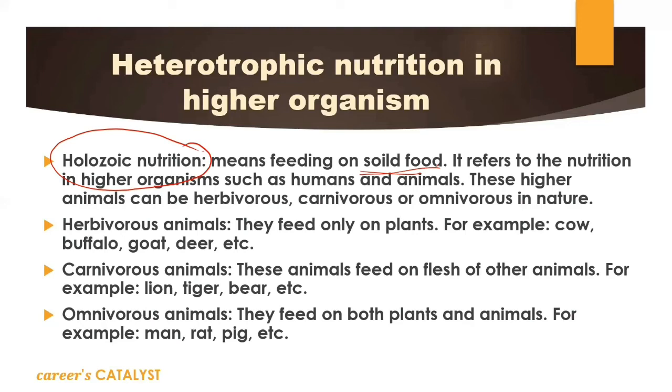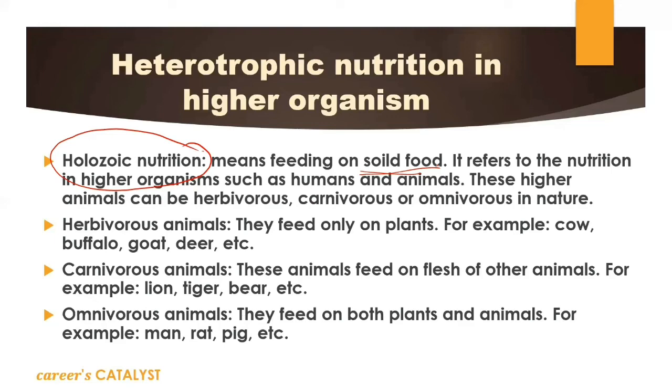In this process, the complex or solid food is digested by a living organism in different steps. It refers to the nutrition in higher organisms like humans and animals. They all perform this holozoic mode of nutrition.